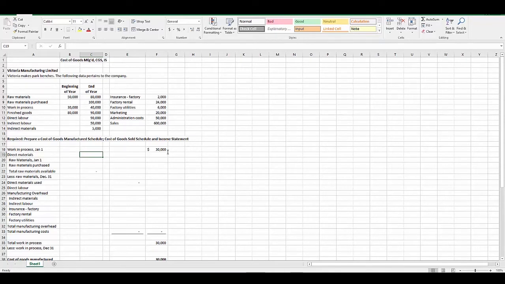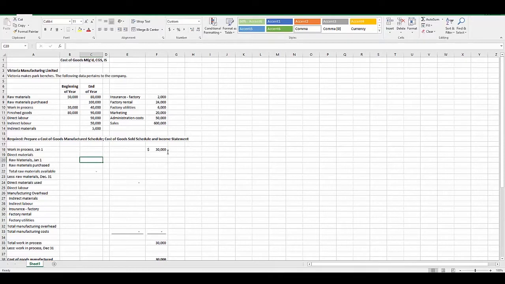And throughout the lectures and in the book, and even if you happen to be working in this environment, you'll hear the terms direct materials and raw materials. Those two terms tend to be used interchangeably. So we're trying to figure out how much materials we actually used.